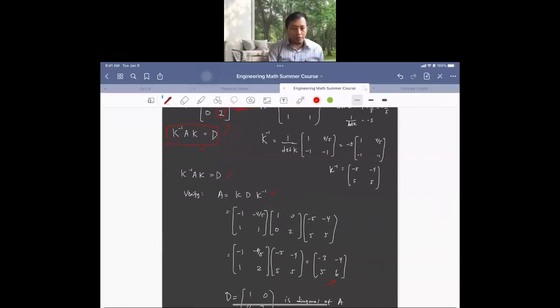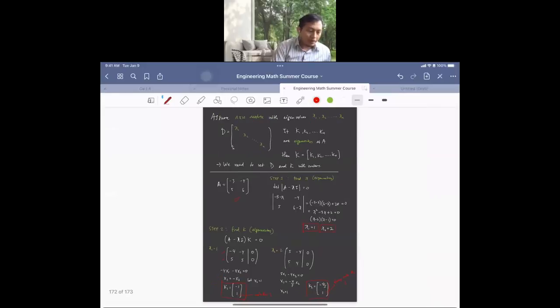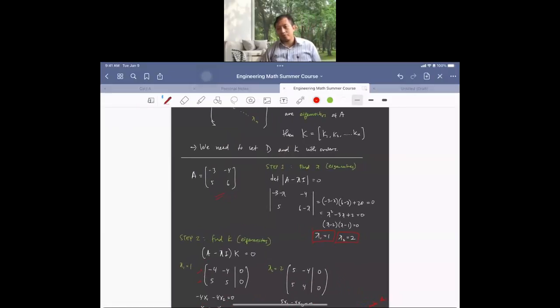Basically, if the question is about eigenvalues, usually it will ask for the eigenvalues and the eigenvectors, and of course, if you find eigenvalues and eigenvectors, you can find the diagonalization. So you can diagonalize the matrix and find the matrix D, or the diagonal matrix.